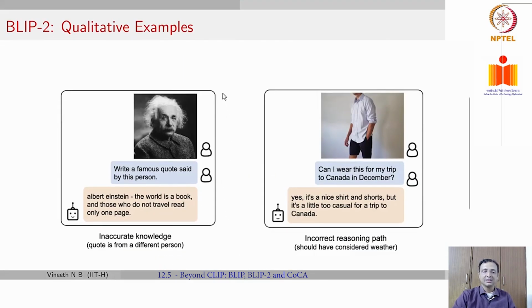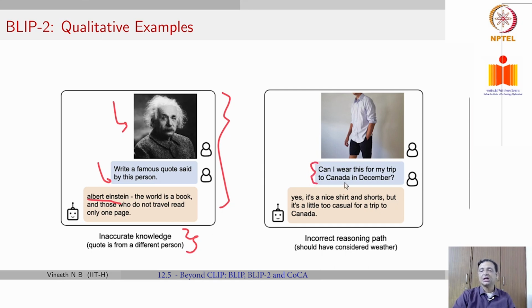Here is another example which is, I could say, a failure case. Here is an image and here is the text input along with the image which asks: write a famous quote said by this person. The model says Albert Einstein, the world is a book and those who do not travel read only one page. Fair enough, but then this quote is from a different person, so it's not technically accurate.